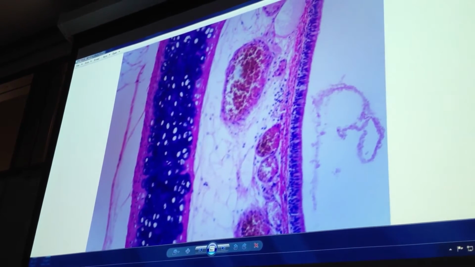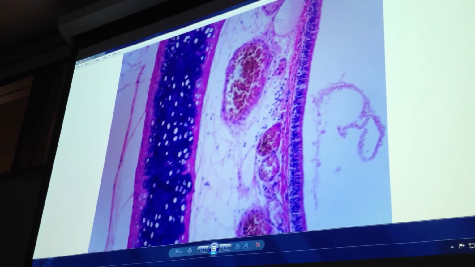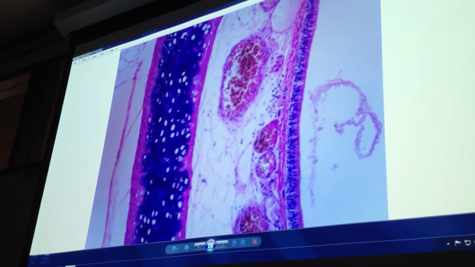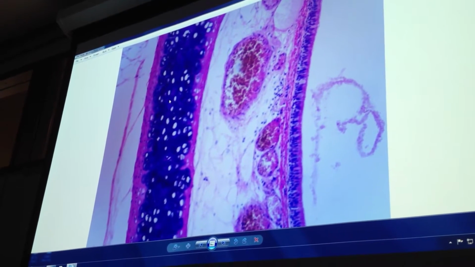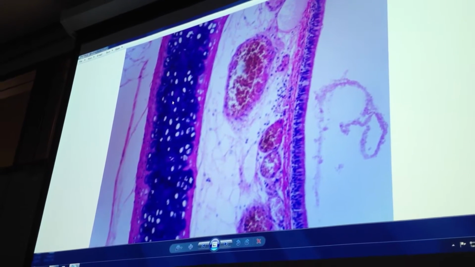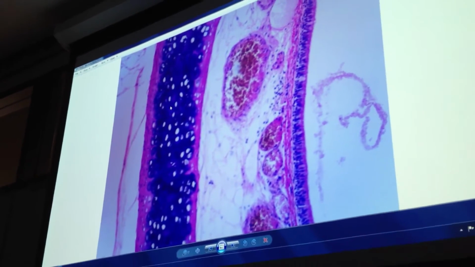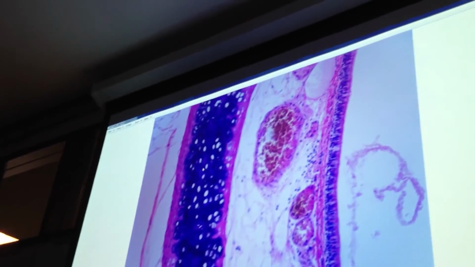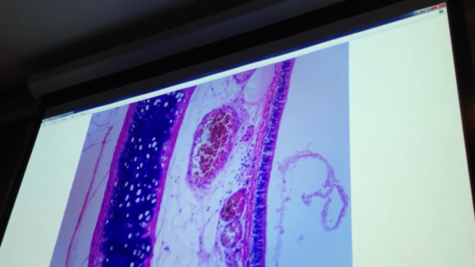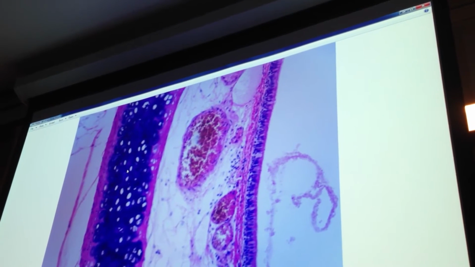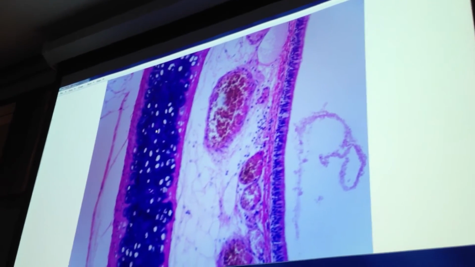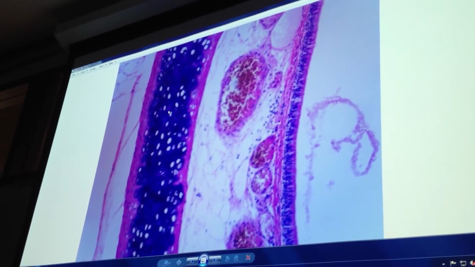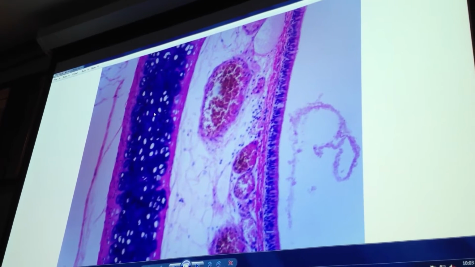Okay, now we've seen some of this before. What organ is this? This guy over here gives it away. We just looked at it. What organ is this? What is that? Yeah, it's chondrocytes.